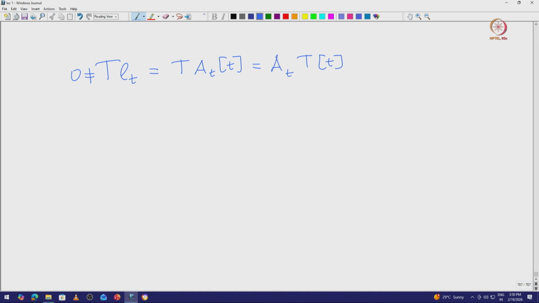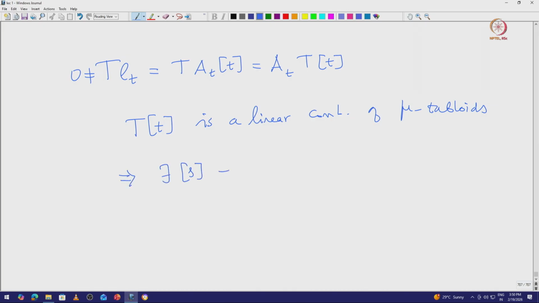So there exists a mu tabloid {s} such that a_t {s} must be non-zero.